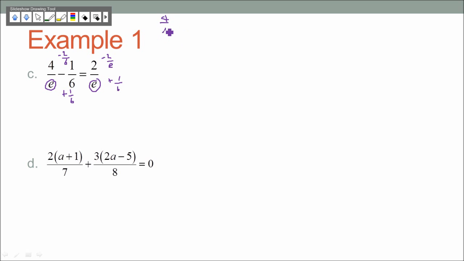So our new question is going to be 4 over e take away 2 over e equals 1 over 6. Now that we have the pronumerals on one side, we can work it out similar to what we did in part B to get our common denominators and then move it around so that we find out what e is equal to.